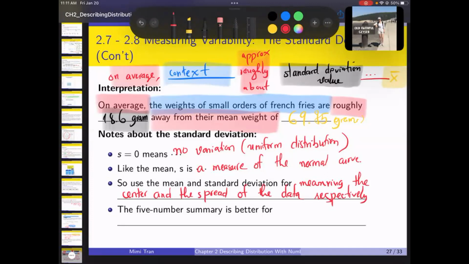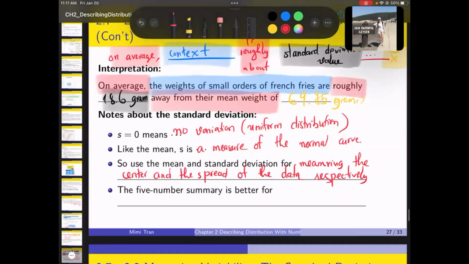The five number summary is better for a quick overview of the data values and information about the center and the spread.